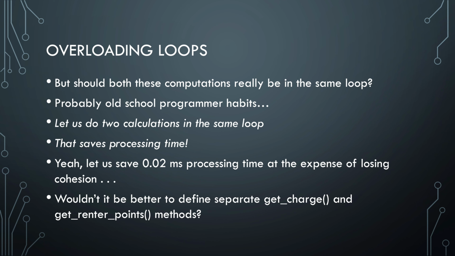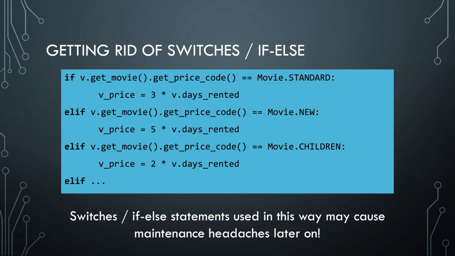From a design point of view, wouldn't it be better to define separate methods for computing the total charge and the earned points total? You can guess the answer to that question. In the previous example, we saw two types of refactorings: extracting code into a separate method and removing a temporary variable that's no longer needed, vPrice.